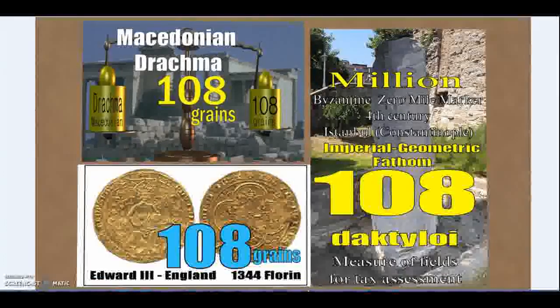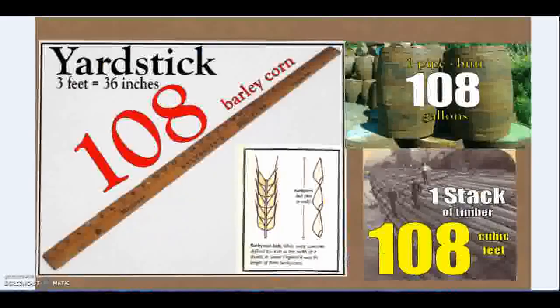But again, across the world, like weights and measures, so 108 grains, you'll find this in ancient weights and even in the 108 dactyloi. This has to do with measures of field for tax assessment in the Byzantine Empire.